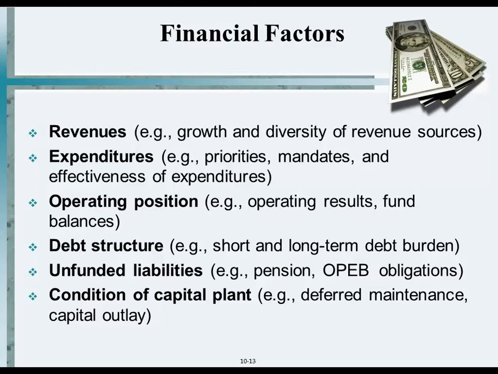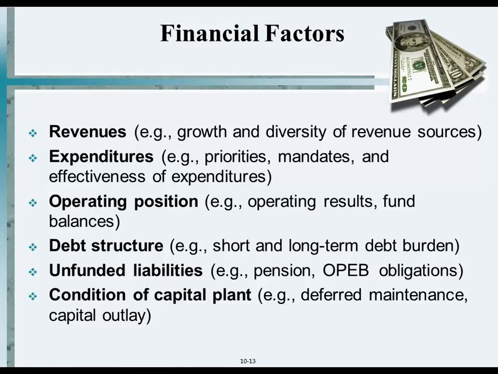You want a gradually upward slope for revenues. Expenditures, how would you like them? Would you like them to stay stable, down, or up? It depends. But one thing you don't want is, what would you not want to see? Expenditures increasing at a rate faster than inflation or revenues, right? So you're getting the hang of it.